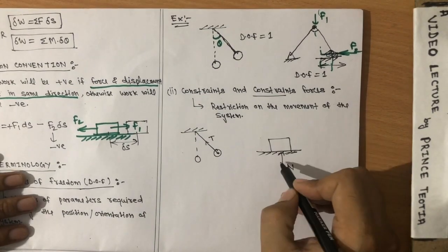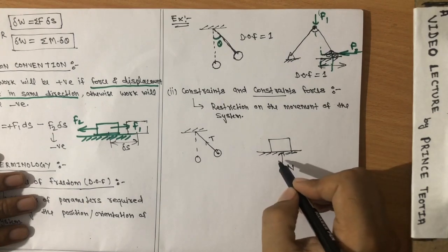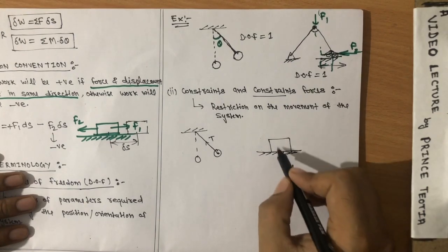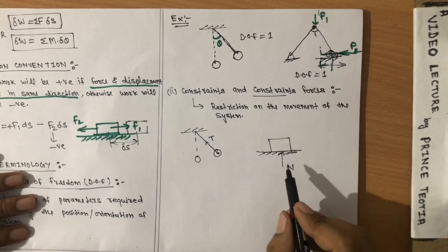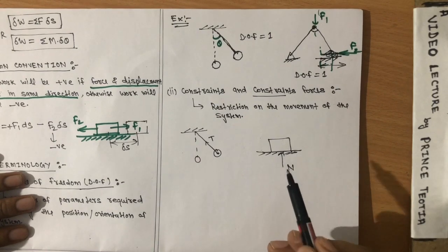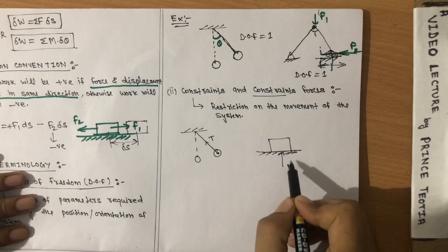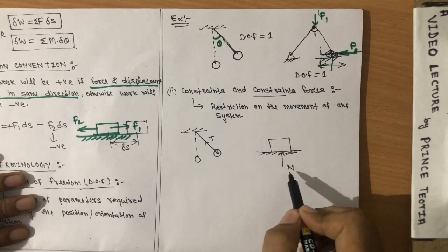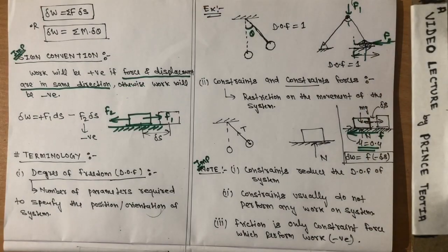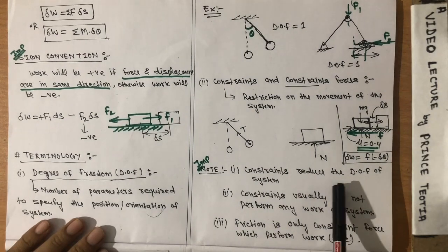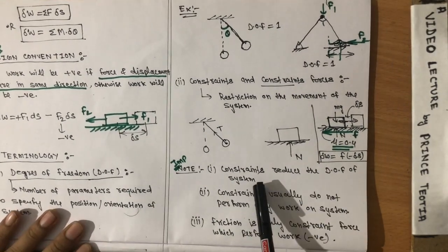We cannot assume a displacement in this direction. Because work is the product of force and displacement, the work done by the constraint will be 0. Now we can conclude that constraints reduce the degree of freedom of a system.